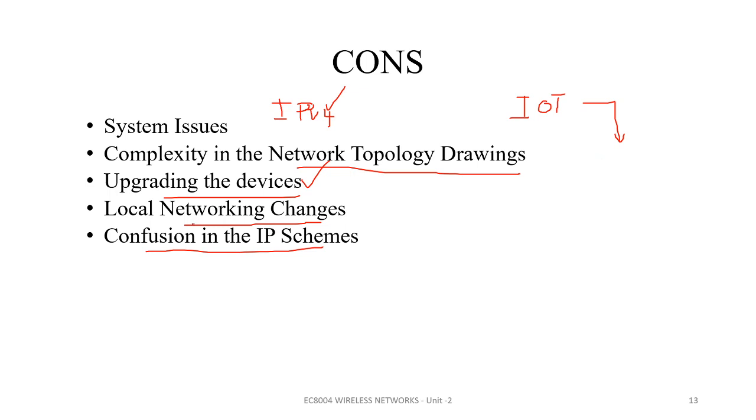Again, there is a problem of locating everything, where it started from. Next, confusion in the IP schemes: again it is a confusion about from where it started and when. My IPv6 is effective, and it also has some disadvantages.